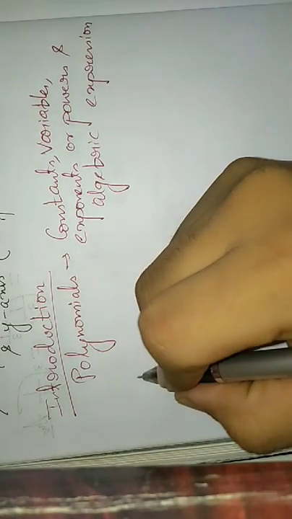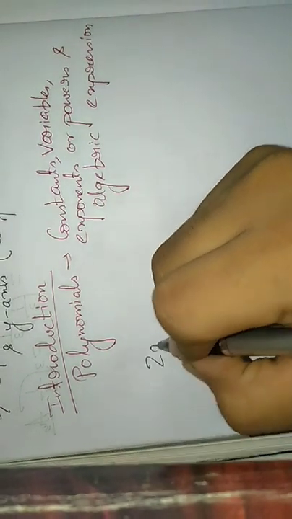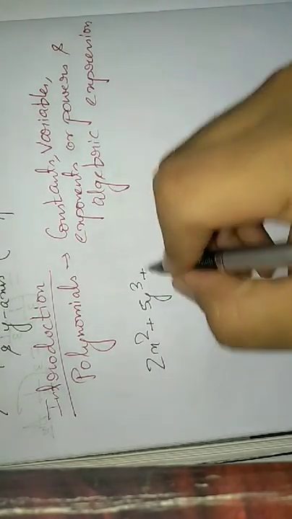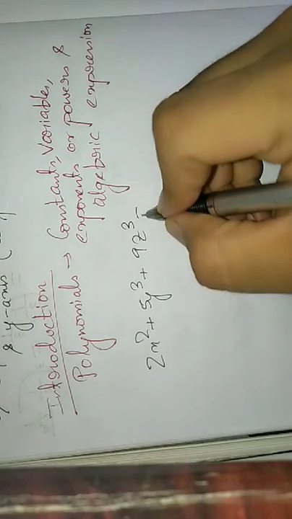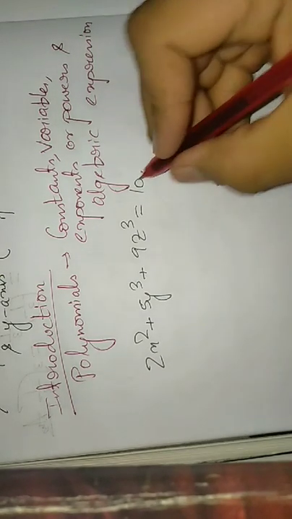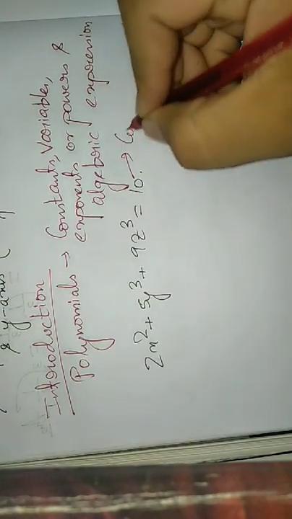Okay, so with all these terms, with a very small equation, I'm giving an equation 2x square plus 5y cube plus 9z cube is equal to 10. So here what is a constant? So here this 10 is a constant.